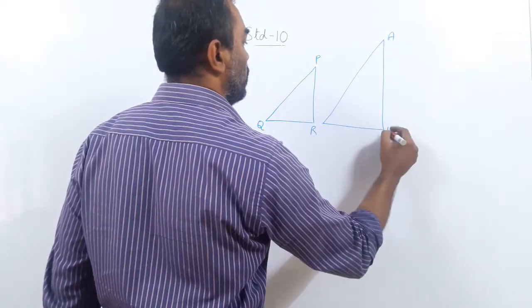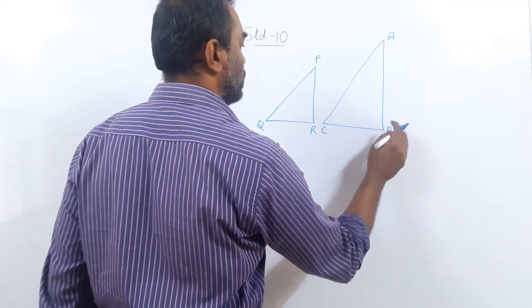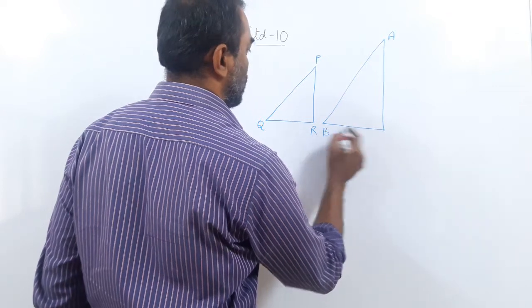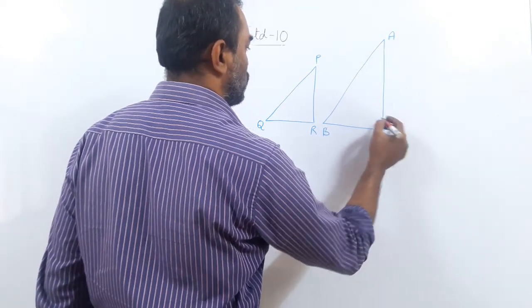And A, B, C. So A, B, C. These two are right angles.